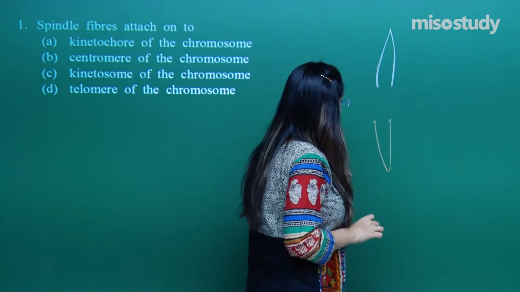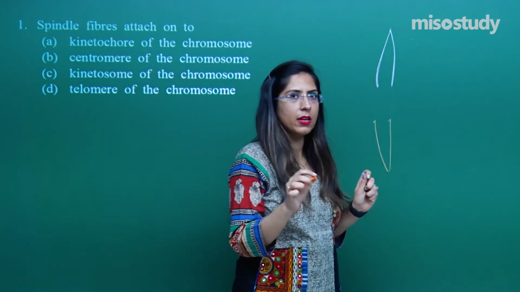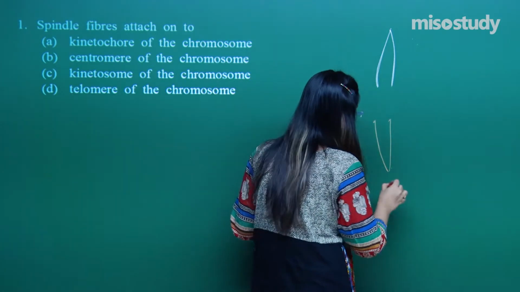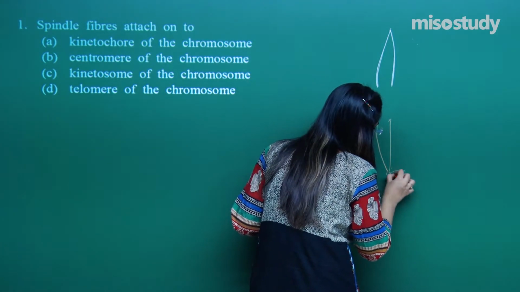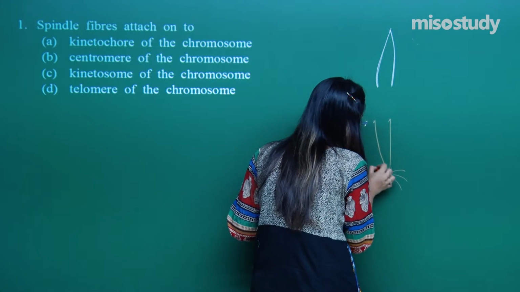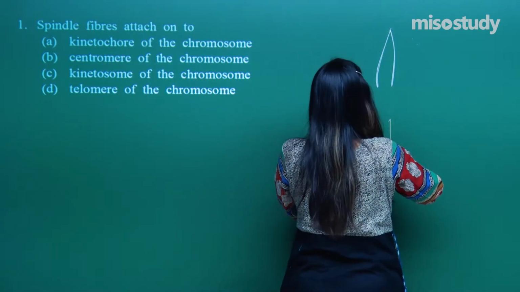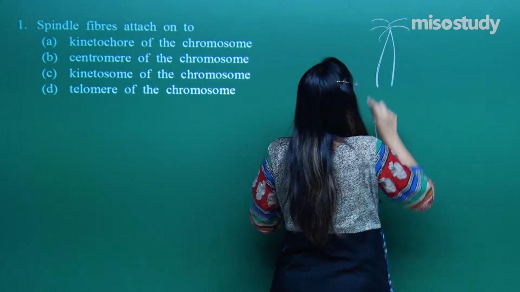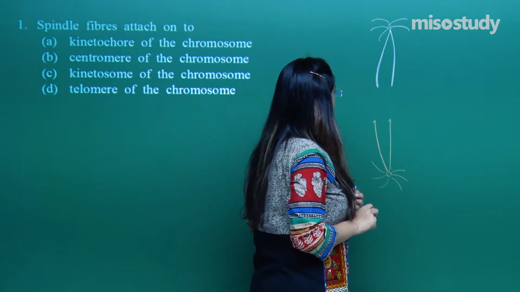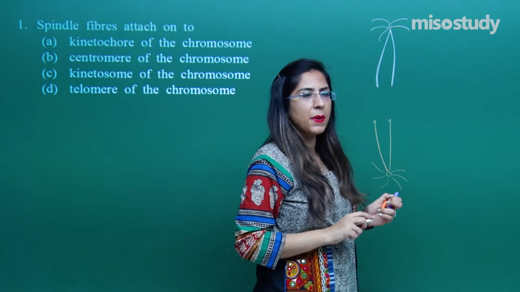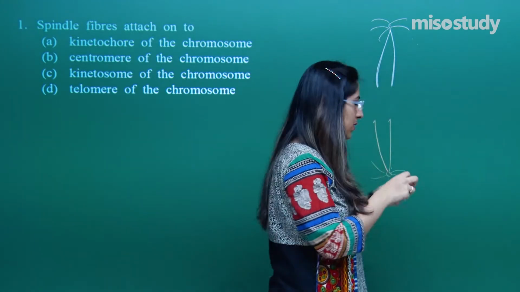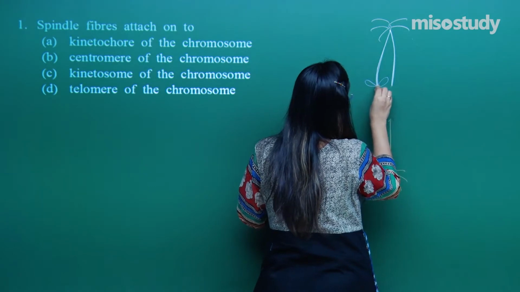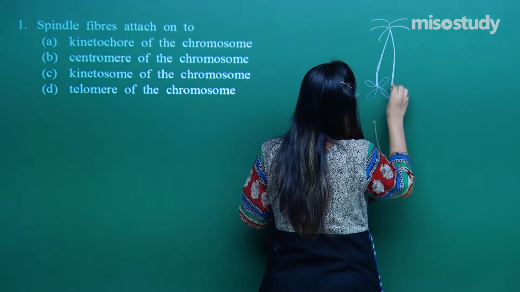Now tell me one thing, the place from where the spindle fibers arise is called the centriole. So the centrioles are present like this. The spindle fibers are attached to one specific position. This is a chromosome. This is how the chromosomes are arranged.